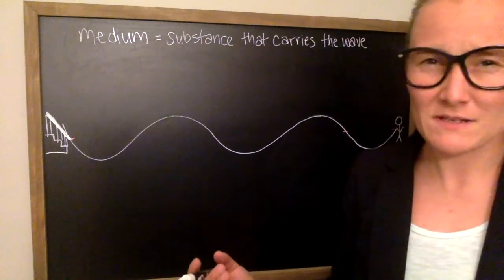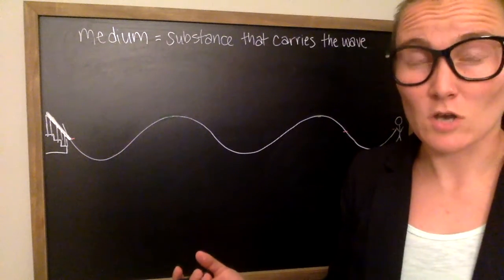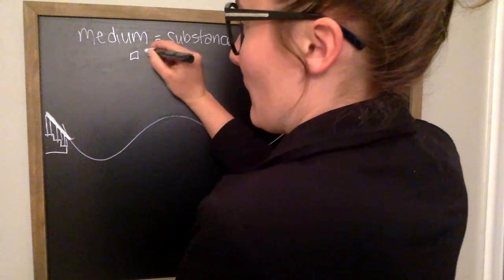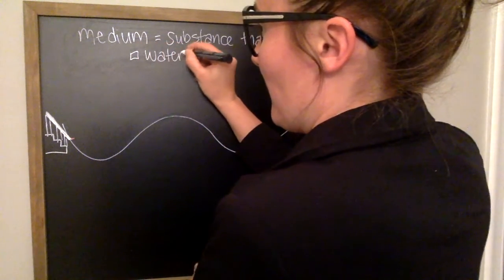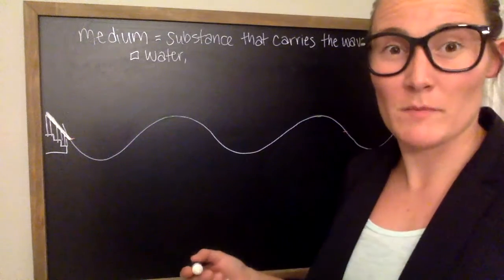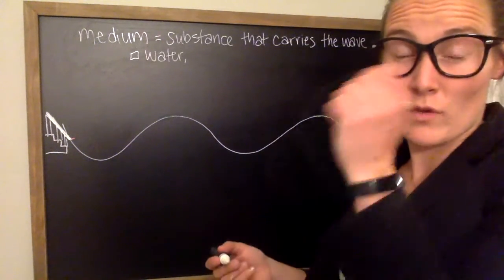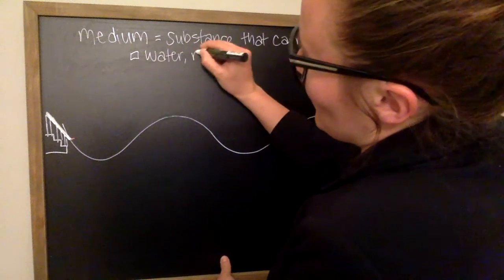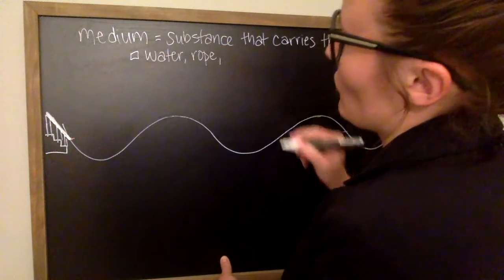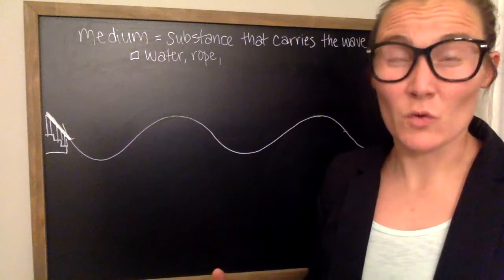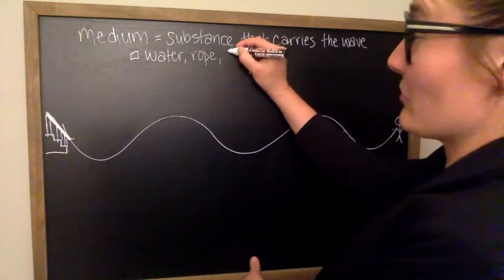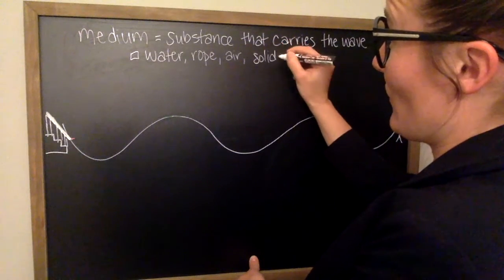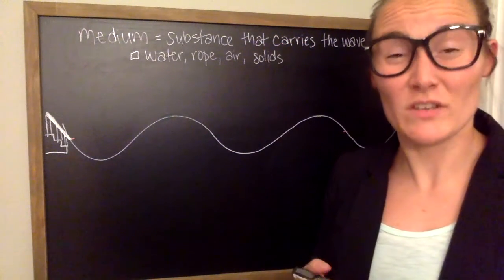Like we've seen over the last couple of weeks, tsunamis are waves that travel through water. Or if we think about our experiment on Monday, the energy that we were contributing to the system was put into our rope. Over the next couple of days, we're going to see how waves even travel through things like air or various types of solids.